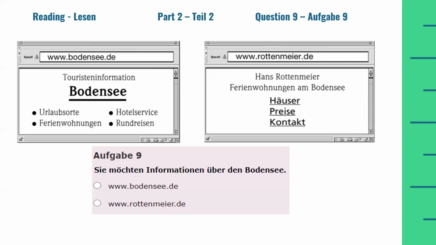But the right hand side advertisement is a kind of company whose name is Hans Rottenmeier, and here you can only find information regarding the houses and their prices. But in the left hand side advertisement, you can find information regarding the different offerings in Bodensee. So the advertisement on the left hand side is correct.